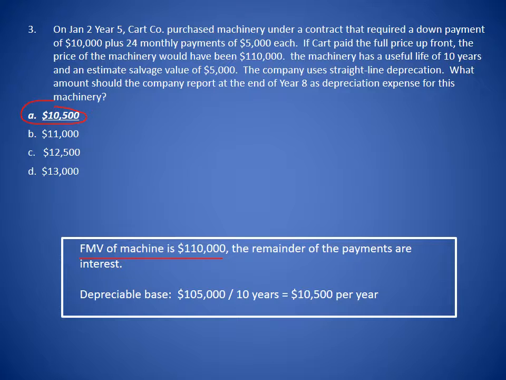Any payments in excess of that would be considered interest. So the depreciable base, using straight line depreciation, is the $110,000 minus the $5,000 salvage value divided over 10 years, which is $10,500 a year.